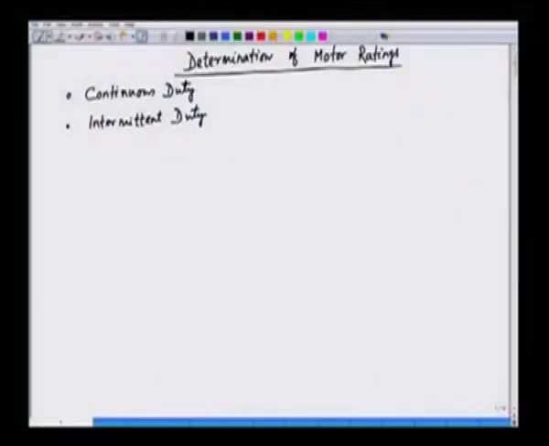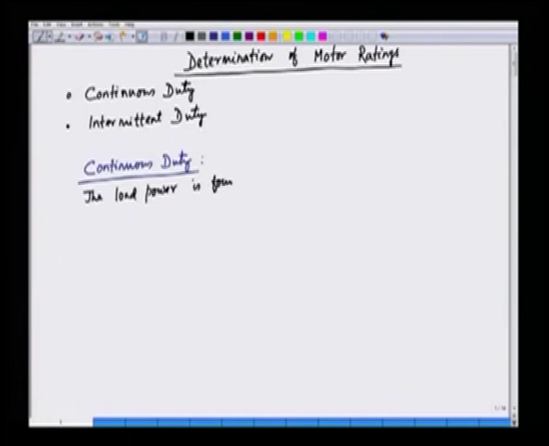So, in the first case, continuous duty, the load power is found out, and the next available power rating of the motor is selected.